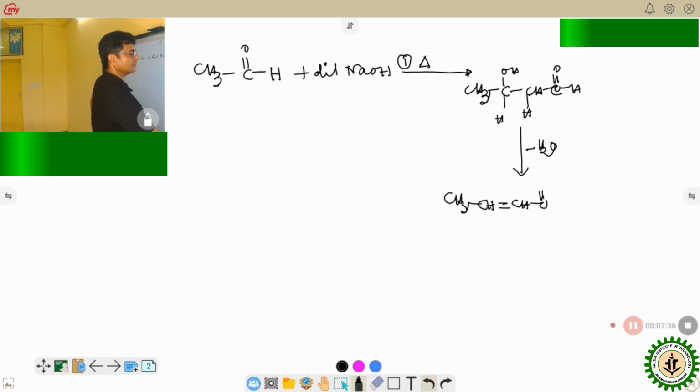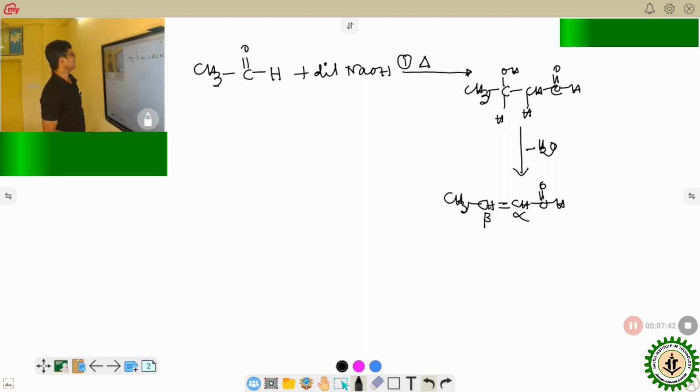The alpha beta unsaturated aldehyde is formed. Alpha beta unsaturated aldehyde is formed. Right.